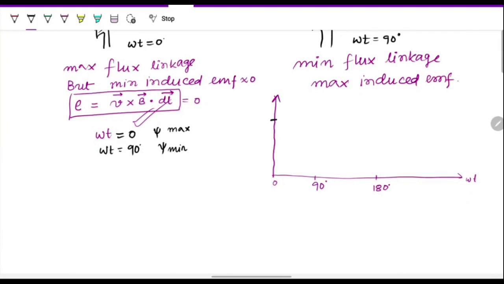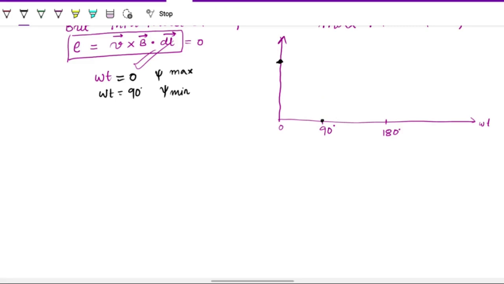So at this point, we can draw an inference that this flux linkage varies as per cosine of omega t, that is cos omega t, and the construction of the machine is such that the flux linkage is sinusoidal in nature.